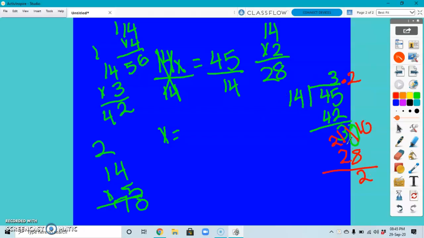And now since it's 20, you're going to divide by 14, so it's going to be 1. Then you keep on going with your answer. Sorry, I just did a random guess, but that's how you solve them.